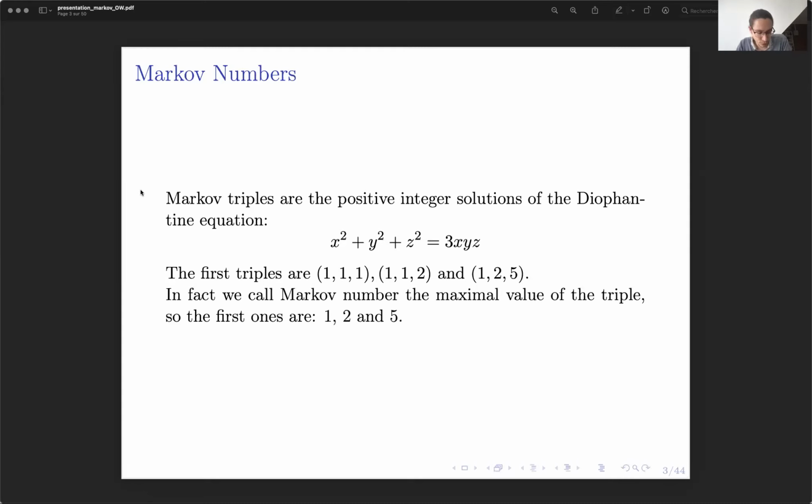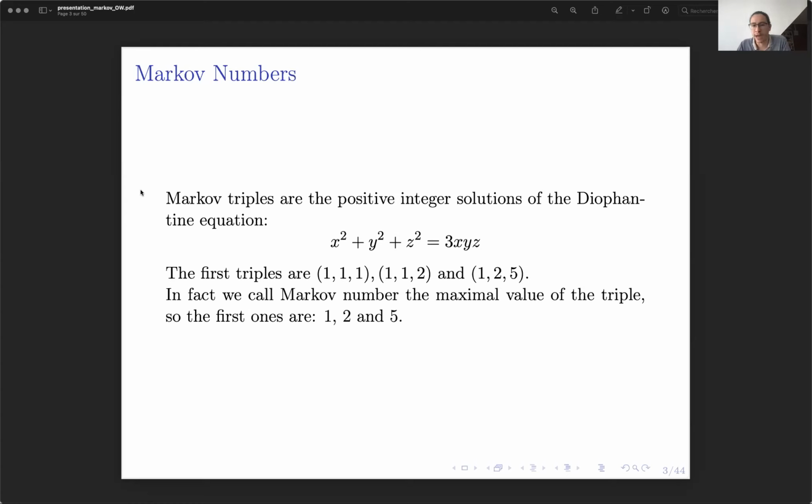So what are Markov numbers? First, we will need to define Markov triples. They are the positive integer solutions of the Diophantine equation x squared plus y squared plus z squared equals 3xyz. And the first ones are (1, 1, 1), (1, 1, 2), and (1, 2, 5). We will see next that apart from the first two, there is no repeating number in the triples.